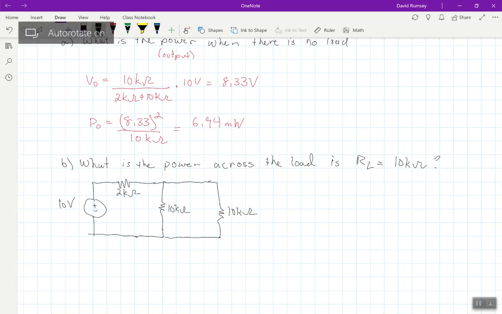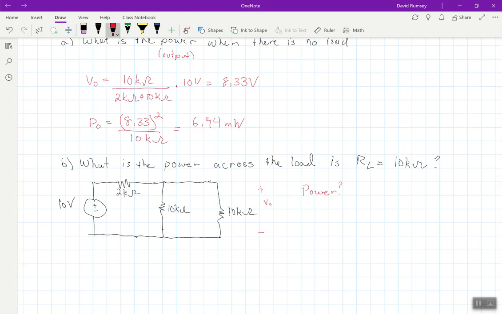And now what it's wanting is the power across this load here. So we're wanting to know what is the power, I'll say plus minus V out, and we want to know what is the power here when I attach the load.